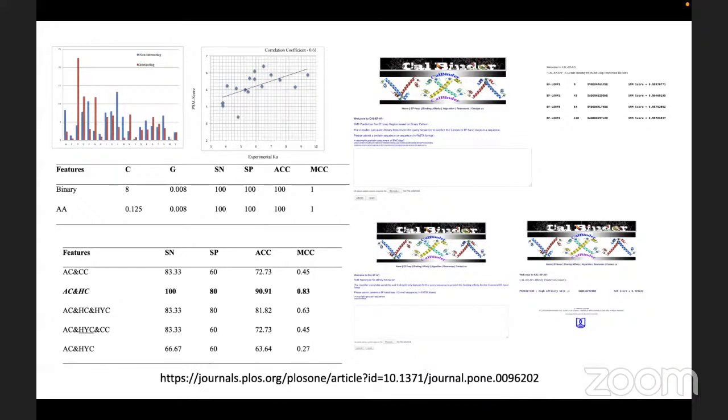Here we tried a lot of combinations and permutations involving amino acid features. Remember the input sequence is amino acids, so they have to be converted based on their different features.